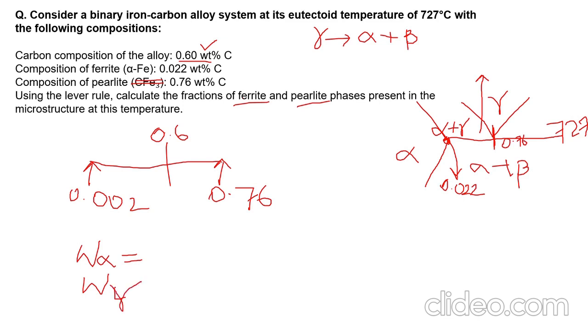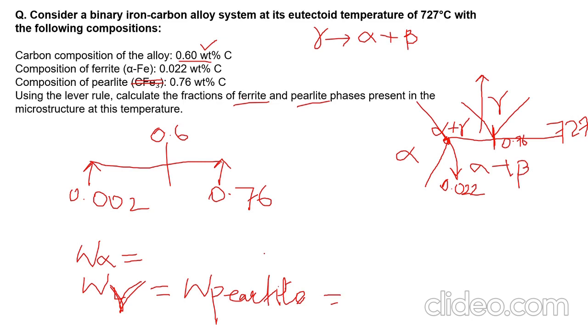We are calculating the weight fraction of the gamma phase, which is nothing but the weight fraction of your perlite, because that will dissociate at the eutectic point into alpha and beta phase. So you can write it as the weight fraction of your eutectic or perlite. So you have to calculate these two weight fractions. And please tell me what the answer will be.